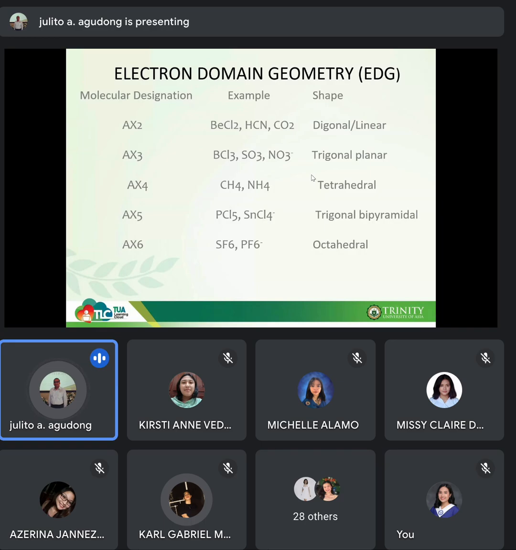These are the 5 different EDGs or electron domain geometries, right? The molecular shape designation AX2 means there are 2 surrounding atoms to your central atom, represented by X2.